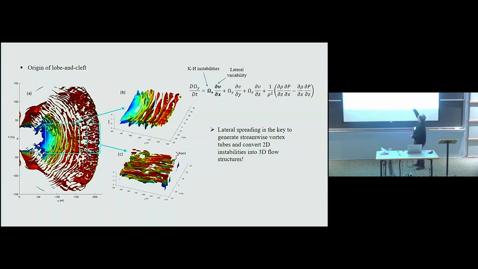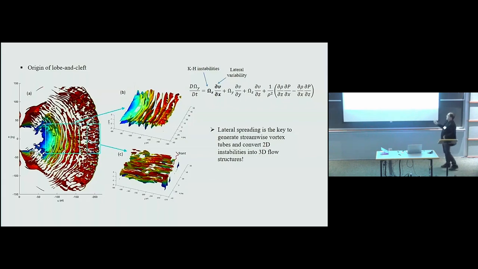The vorticity equation tells us that it has to interact with the lateral gradient of streamwise velocity in order to generate vorticity in the streamwise direction. And of course, here our plume is laterally spreading, so we do have a lot of lateral variabilities. In summary, we believe that lateral spreading is the key to generate the streamwise vortex tube.